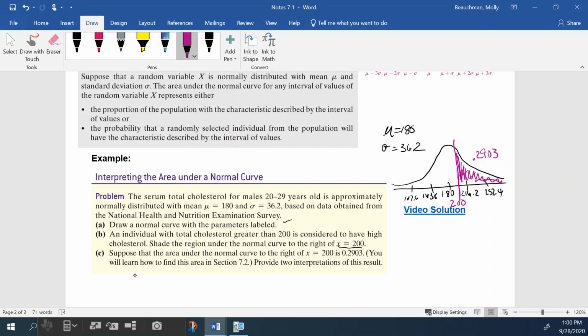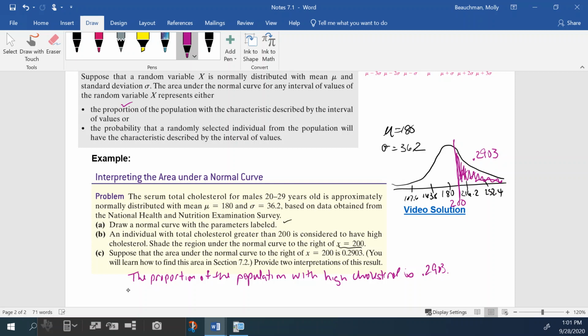So we could say the proportion of the population with high cholesterol is 0.2903. So that's the first interpretation, as a proportion.